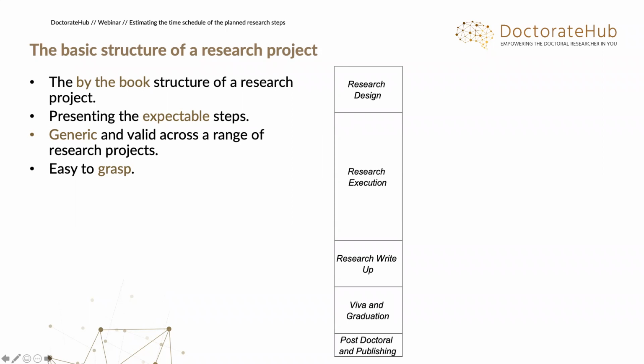And afterwards comes a research writing up phase. And for doctoral research, there is a viva and graduation process usually involved. And afterwards, once you are through, there will be some postdoctoral work and publishing. So how do you forecast for that?